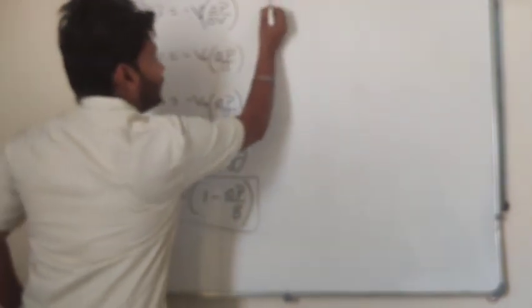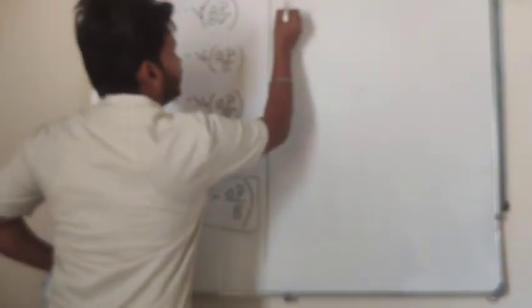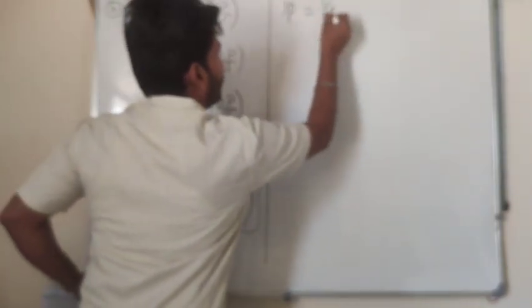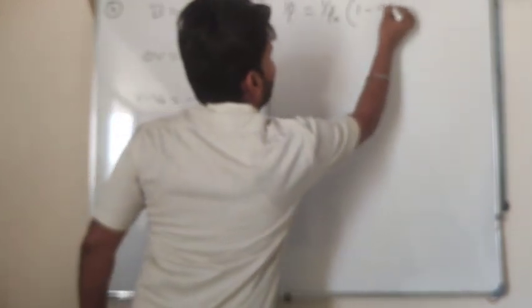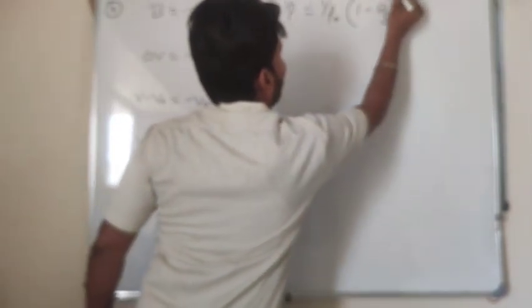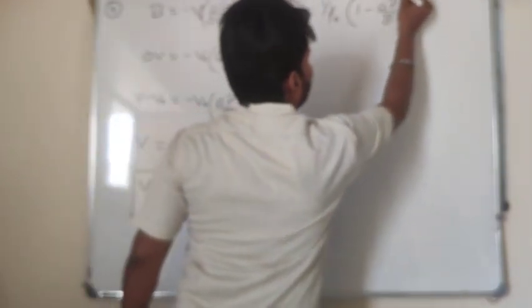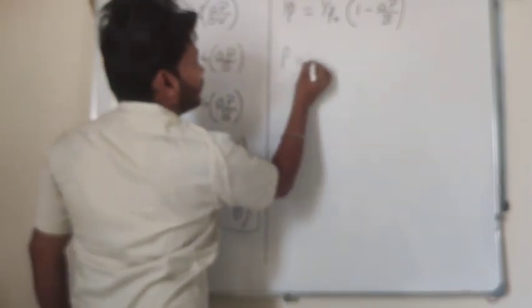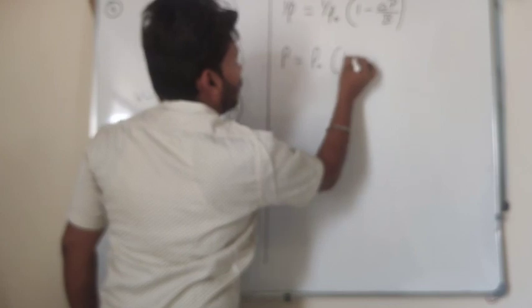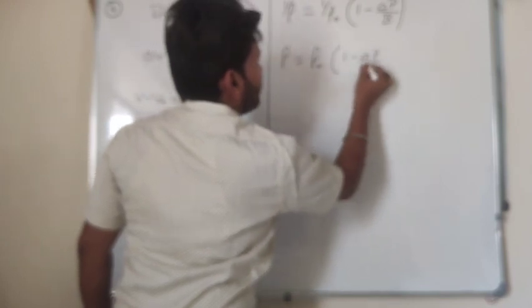We know that volume and density are inversely proportional, so I can write 1 by rho equals 1 by rho naught times 1 minus delta P divided by B, whole to the power of minus 1. So rho equals rho naught times 1 minus delta P divided by B, whole to the power of minus 1.